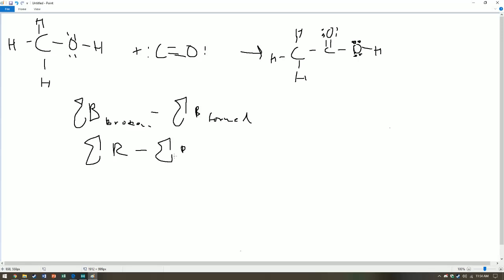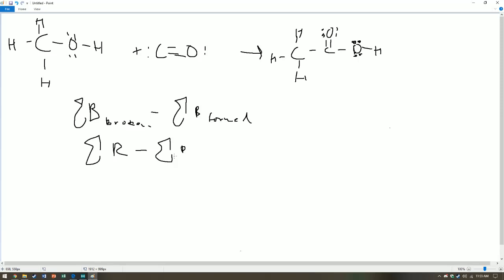Now, this is actually flipped from formation enthalpies, which, as you may recall, is product minus reactant. What's the deal here? In order to understand this conceptually, I prefer to think of it as bonds broken minus bonds formed, because that gives you the difference in enthalpy.